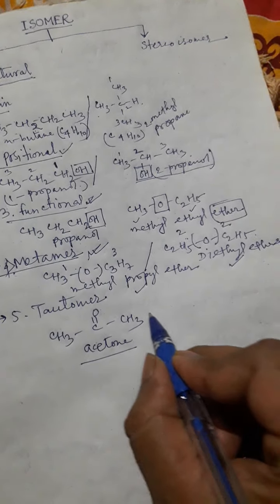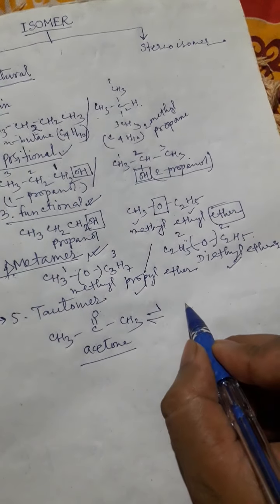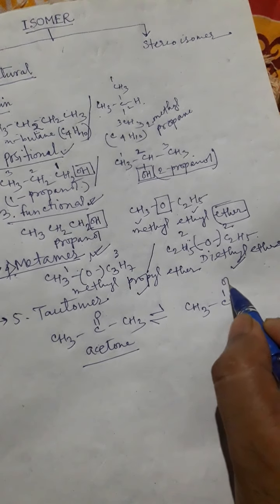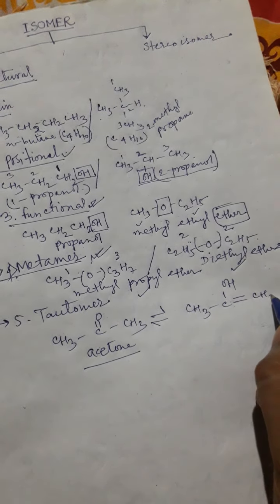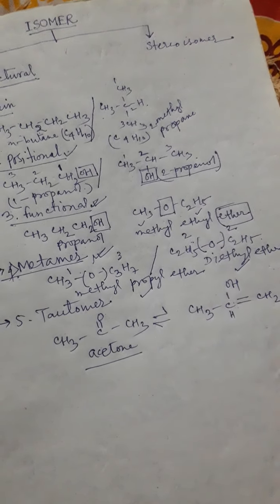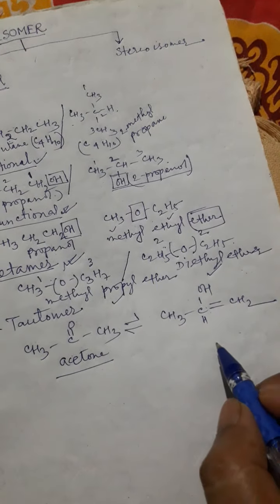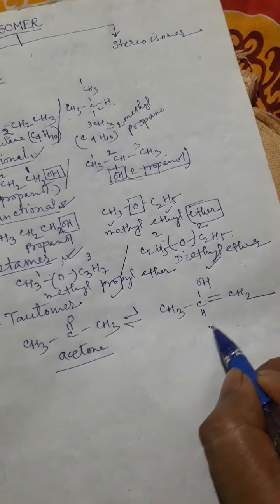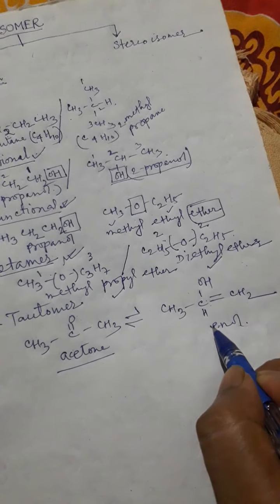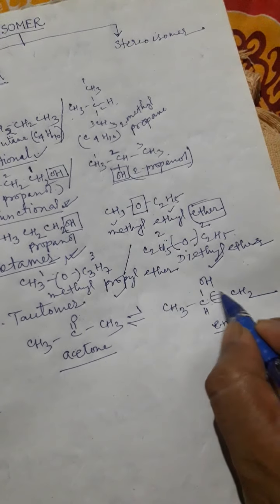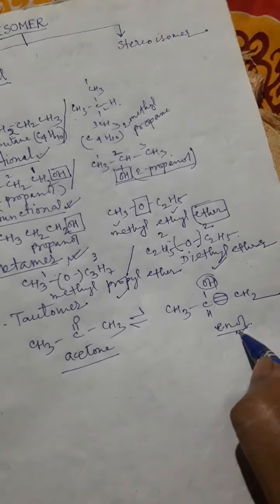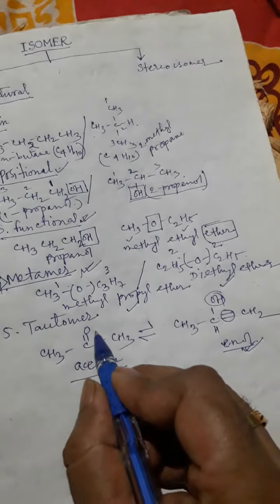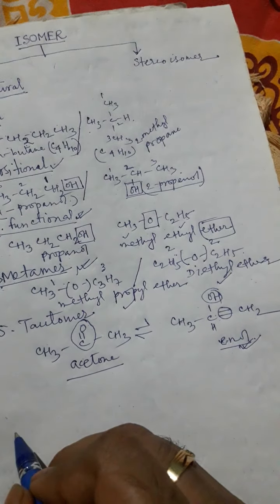But there is a dynamic equilibrium with CH3 C OH double bond CH2, here H. Now you see, this is keto-enol. This is enol. Enol means 'en' for double bond, 'ol' for alcohol, so both groups are present. That is why it is called enol. And here it is a ketone compound. Why? It is C double bond O.